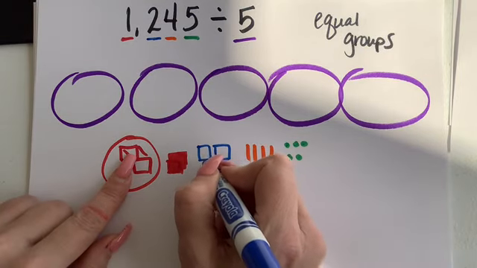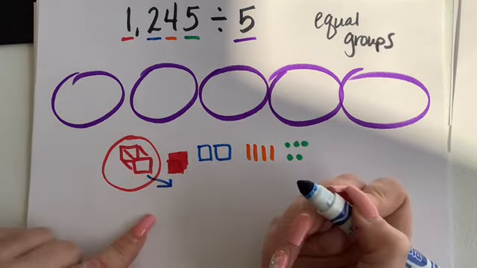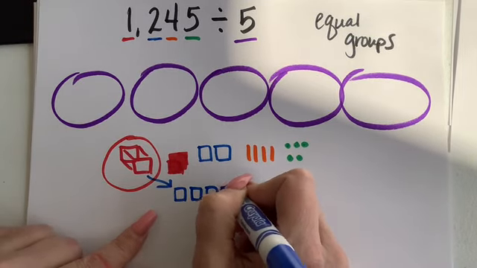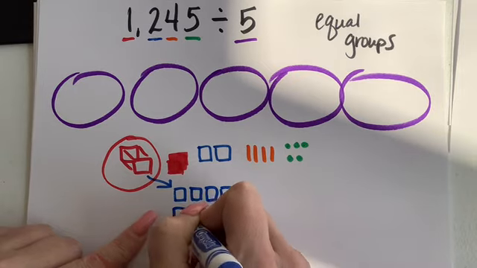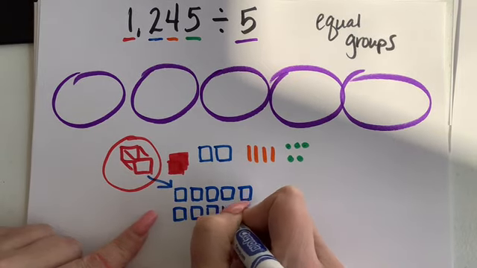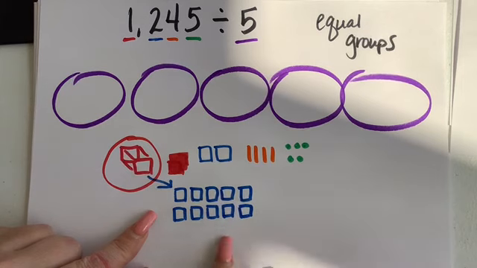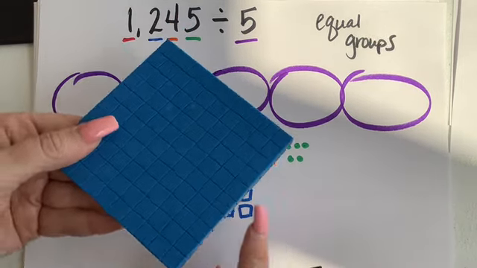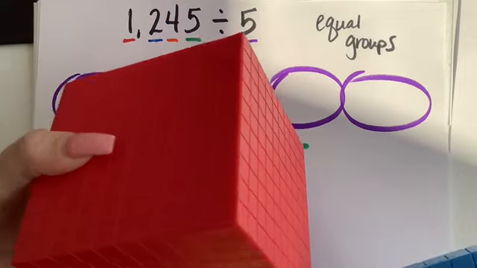So how many hundreds are in 1,000? Did you say 10? If you did, you're absolutely correct. So I have 10 of these and 1 of these.